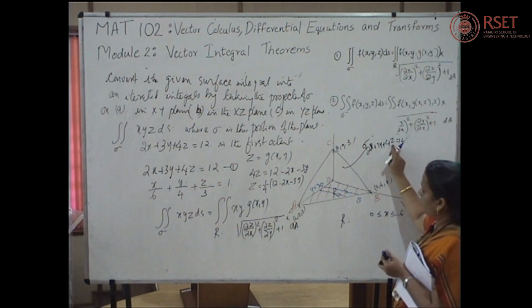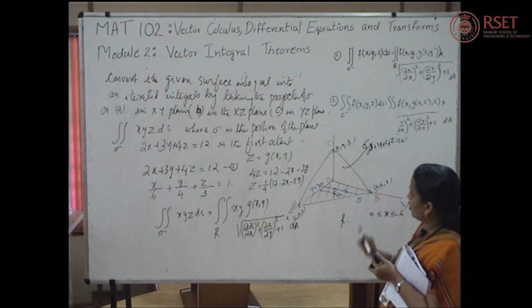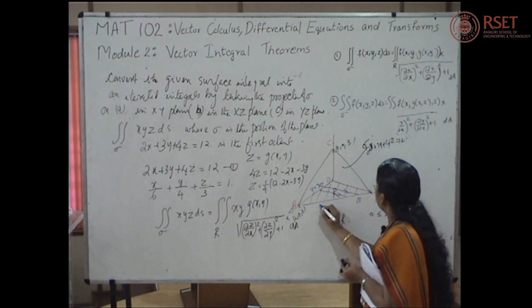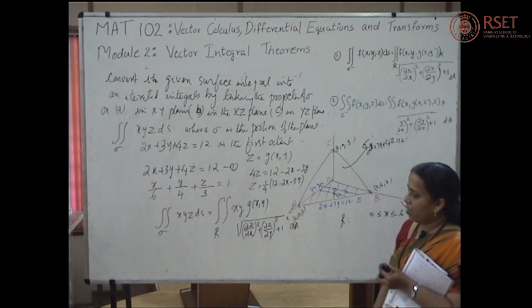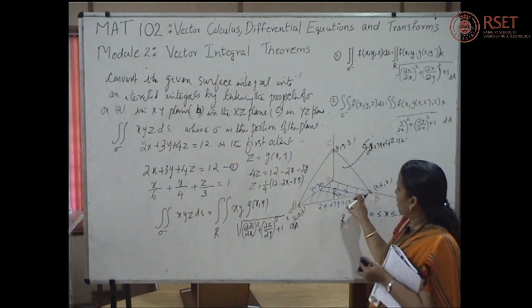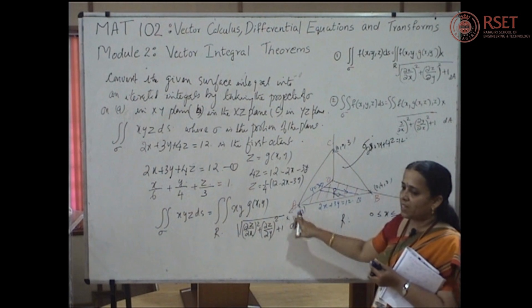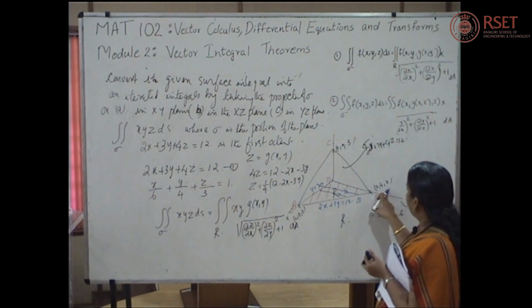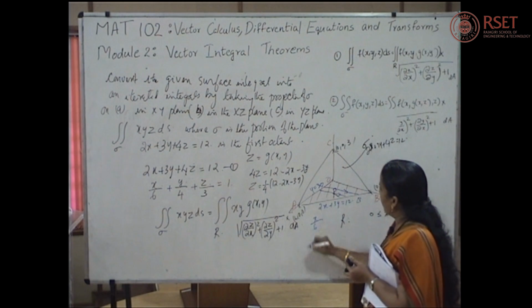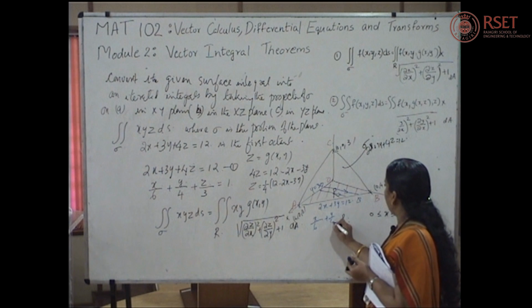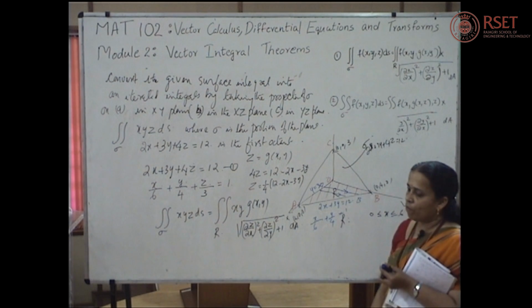On the xy plane, we have z equal to 0. Therefore, the equation of this line is 2x plus 3y is equal to 12, or using intercept form, x divided by 6 plus y divided by 4 is equal to 1.